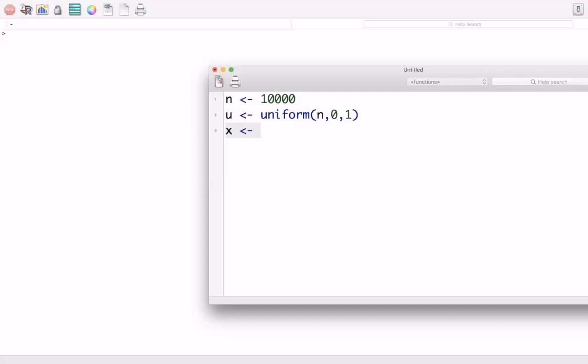Anyone? If you have uniform random variables, how do you transform them to get exponential random variables?